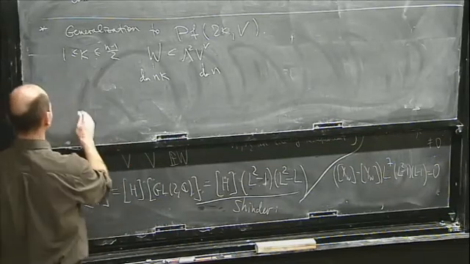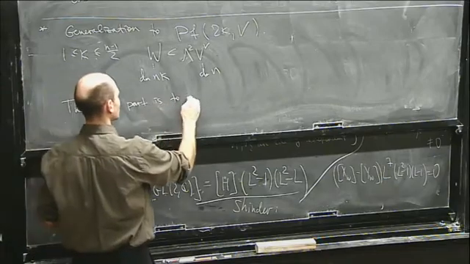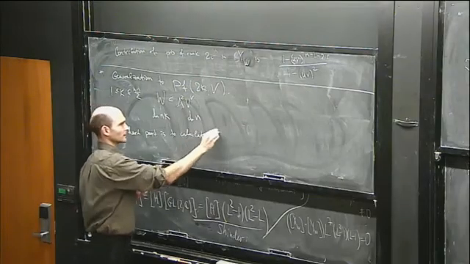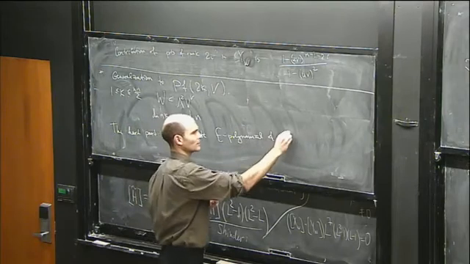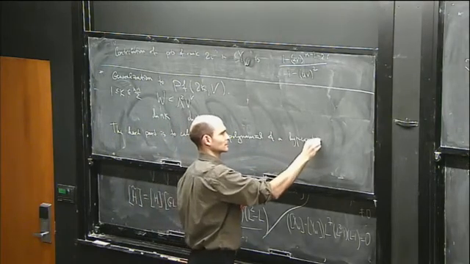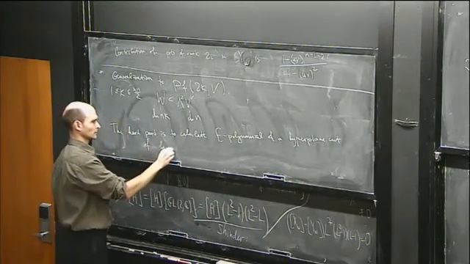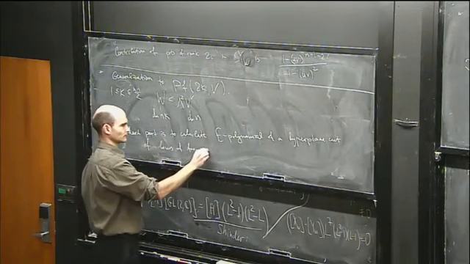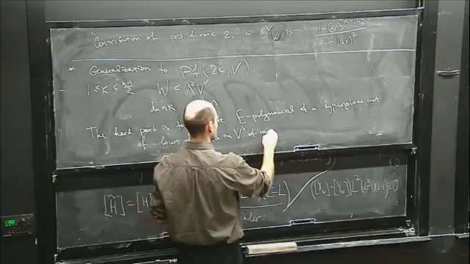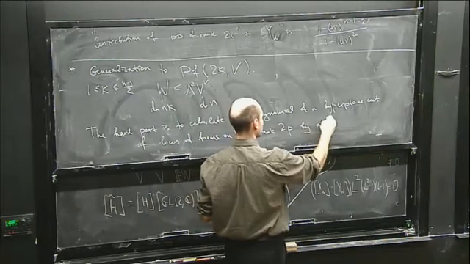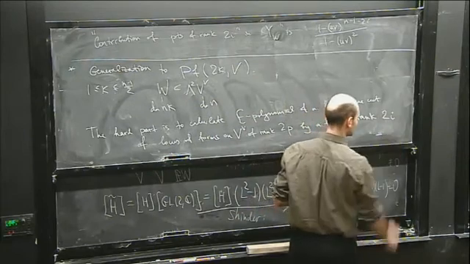The hard part is to calculate the E polynomial of a hyperplane cut of the locus of forms on, I guess, V dual of rank 2p by a form of rank 2i.